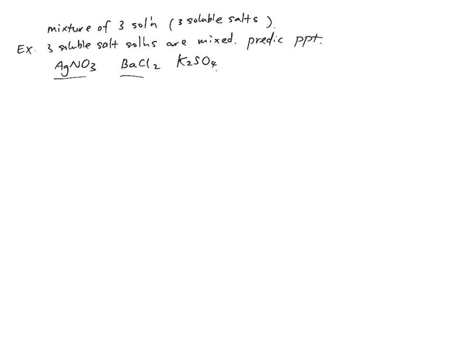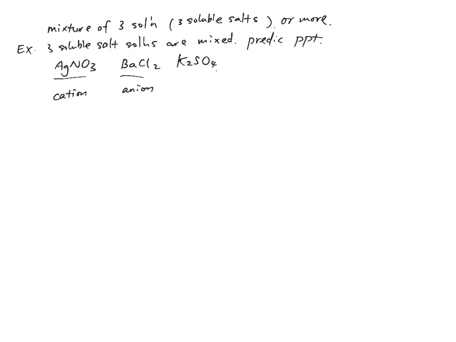So the important thing here is not just looking at the formula and knowing what's going to precipitate. It's more about making sure I take care of all the possibilities. I don't forget any of them. So the way that we handle this type of mixture of three solutions or more is always, well, let's take a list of our positive ions and negative ions.